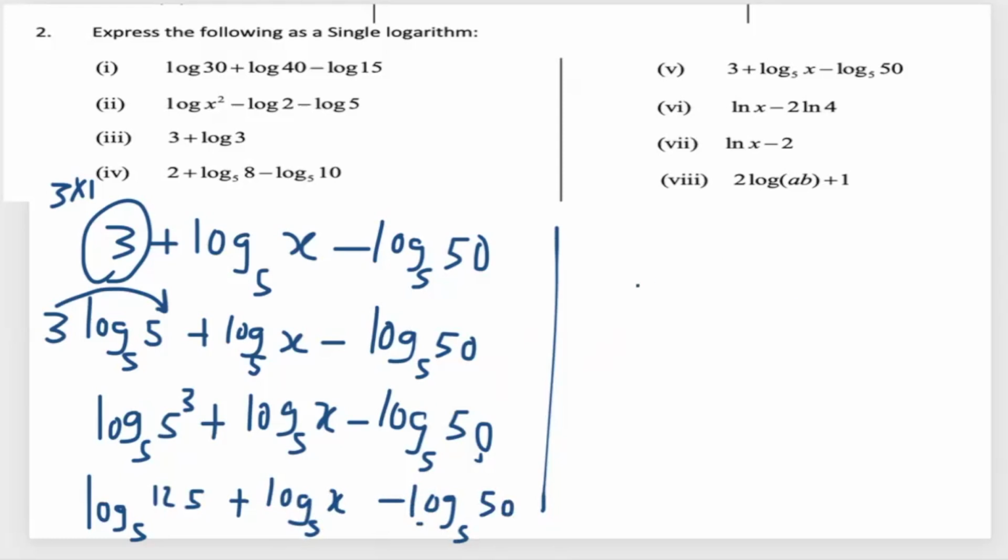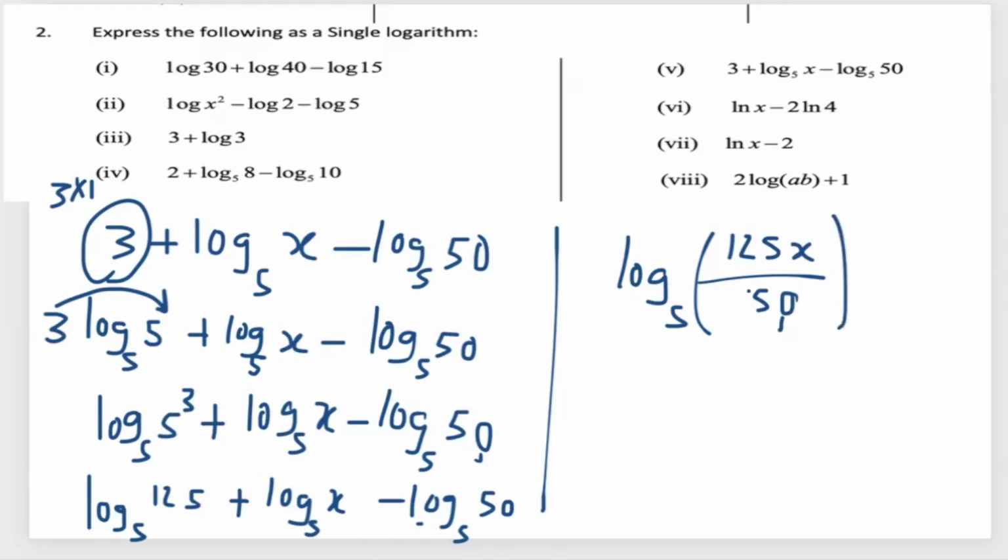Now, once again, you write the log once with the base. Then we go ahead and have 125 times x, that's 125x, because the addition, that's our multiplier to get 125x, and minus 50, so that means the 50 goes in the denominator. Now, looking at this, we have 125 and we have 50.